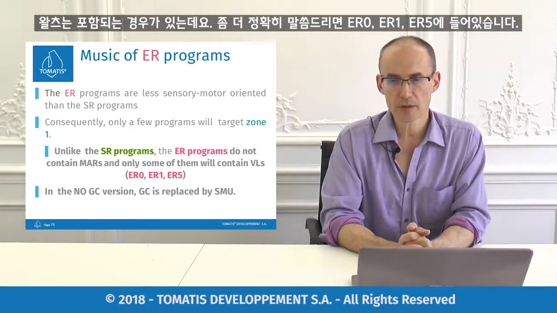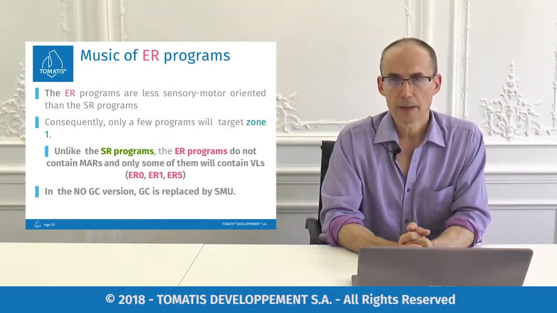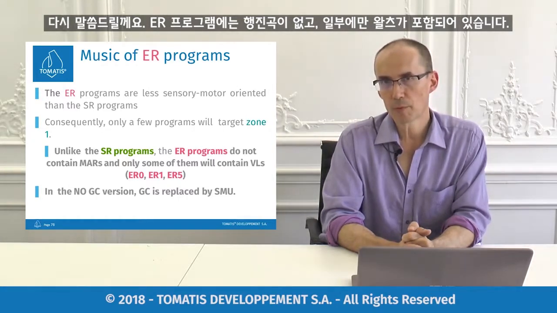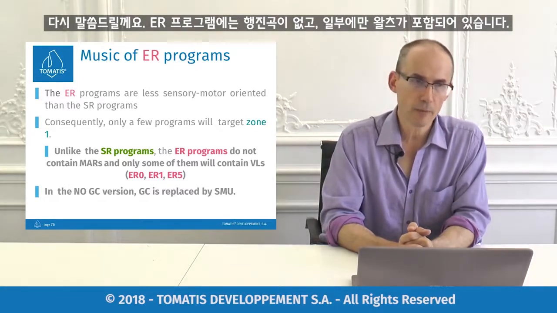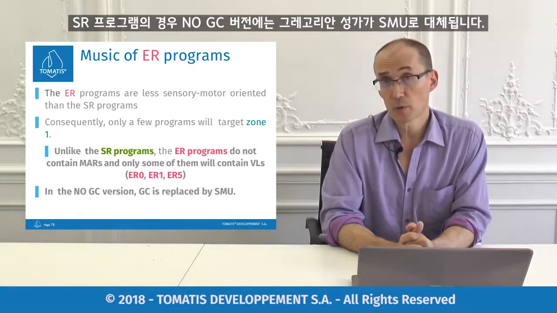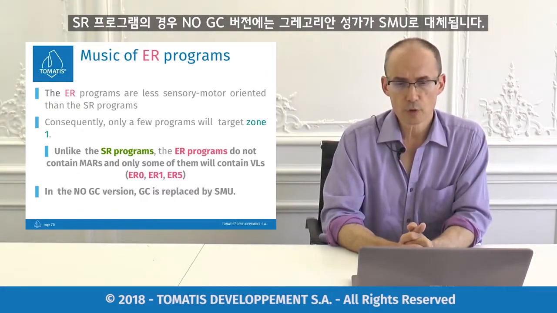To be more precise, ER0, ER1 and ER5. Okay? So I repeat, no march in the ER program, and only some of them will contain words. Okay. And as for the SR program, of course, in the no GC version, Gregorian chant is replaced by SMU, same idea.